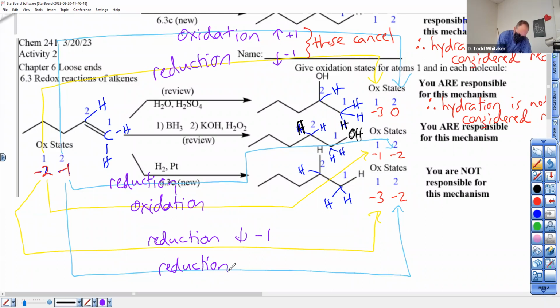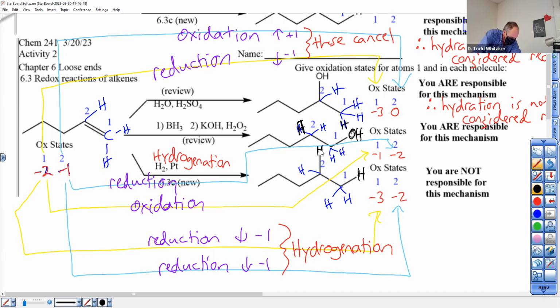No. 2's got 2 bonds to H, -1, -1, and a 0 and a 0. Yeah. And reduction also by -1. You cannot tell me they cancel. Hydrogenation, which is the name of this reaction. Hydrogenation. Good name, right? It adds hydrogen. You want to see the new hydrogens? They're in black. Okay. What do you got? Hydrogenation is called a reduction reaction.